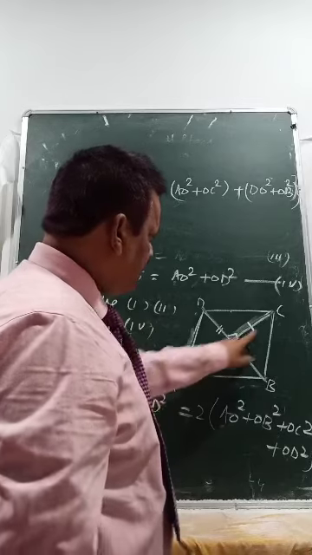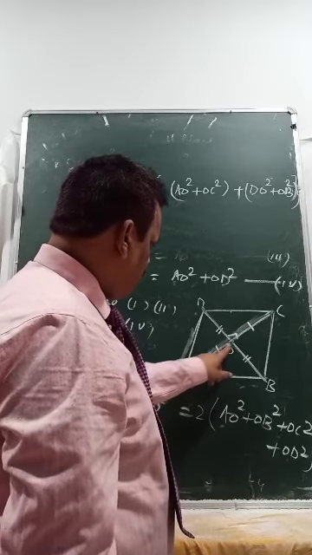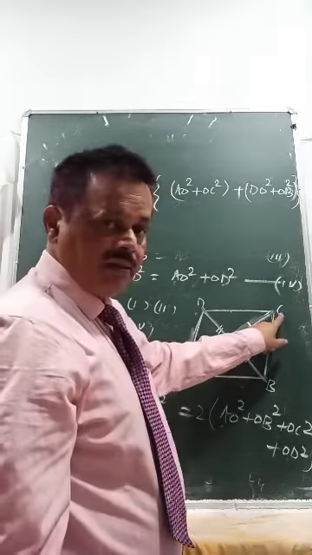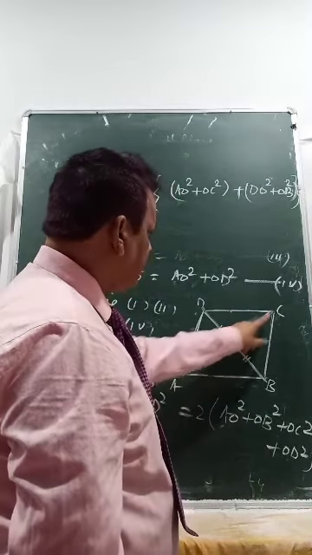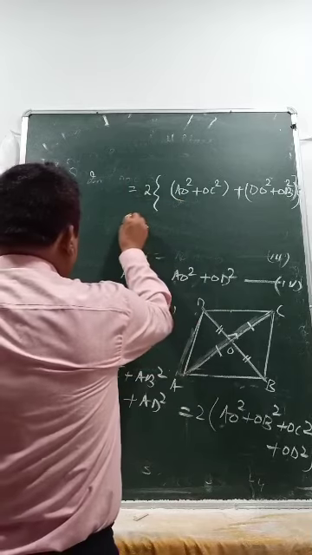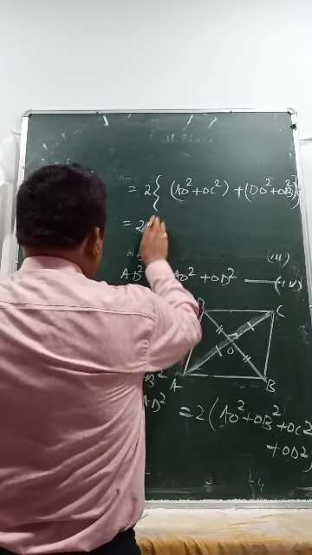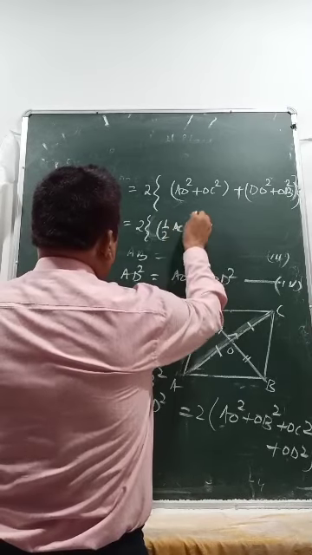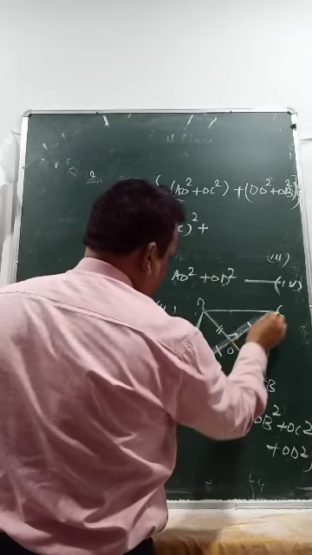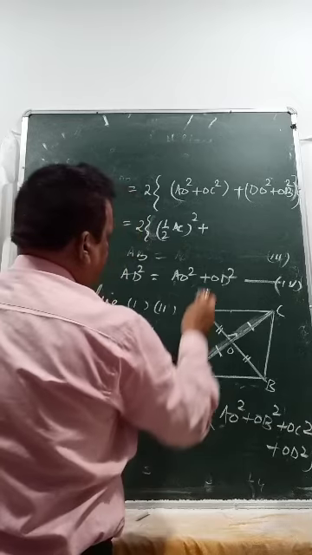Achha, diagonals bisect means AO equals half of AC, because bisect means these two are equal. So this is half of AC square. OC is also half of AC.